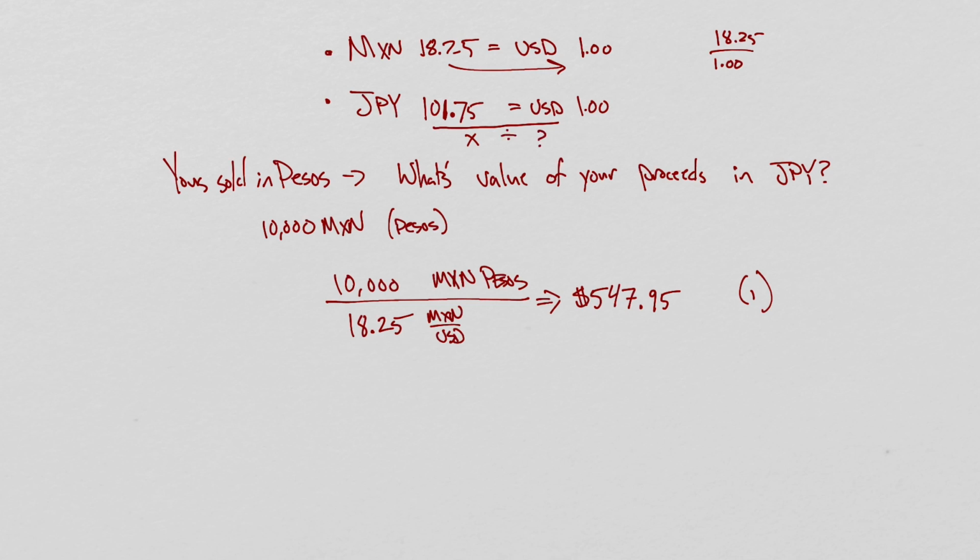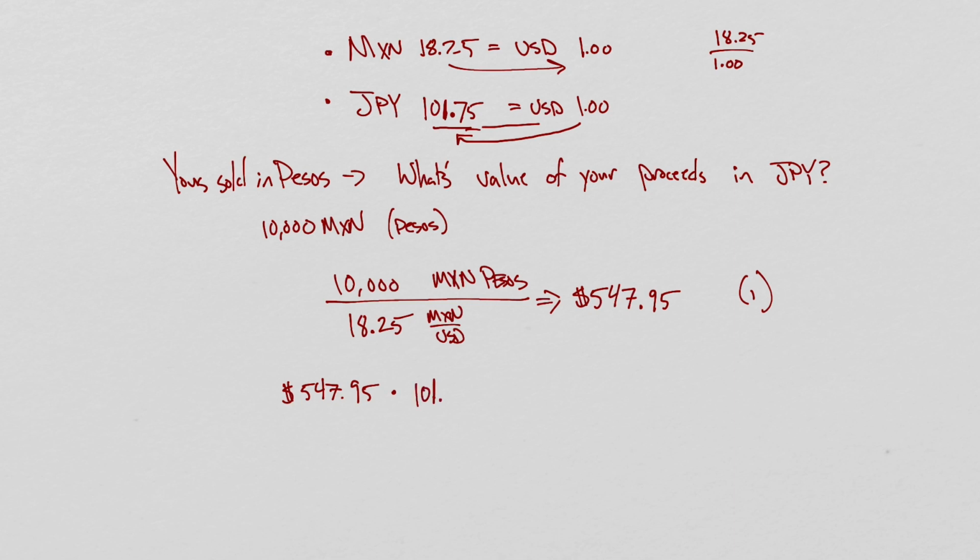And the answer is, I look at this exchange rate and I say, well, $1 buys me more of this currency. And so if I'm going from dollars, $547.95, to that currency, I'm going to wind up with a bigger number.